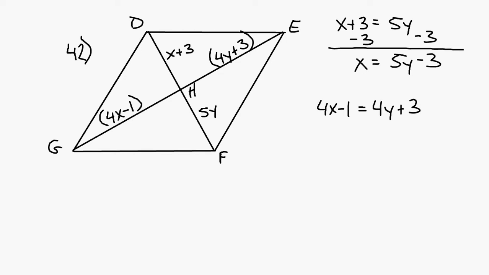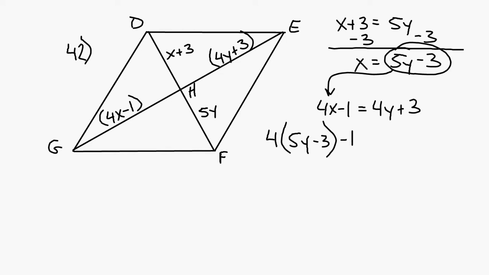And now, since you have two different variables, you've already solved for x, you're going to take this value of x and substitute it right here in this equation. So when you do that, you're going to have 4 times 5y minus 3 minus 1 equals 4y plus 3.